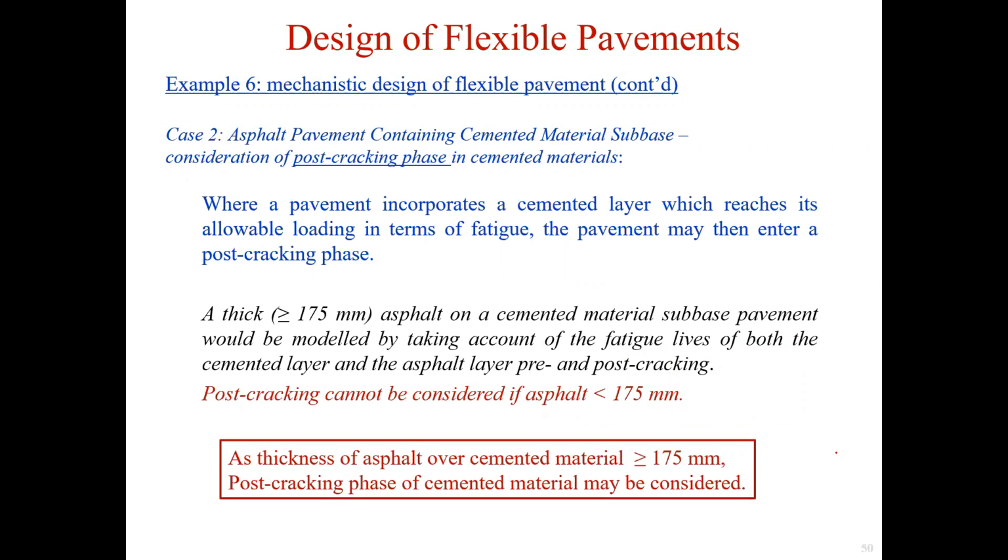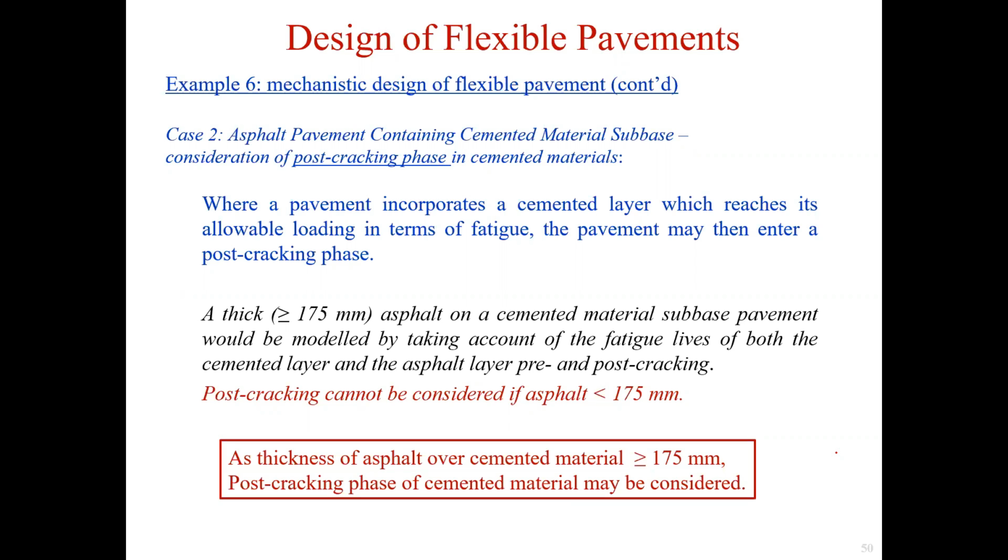If a pavement contains a cemented layer which reaches its allowable loading in terms of fatigue, the pavement may then enter a post-cracking phase. Depending on the pavement configuration, there's useful life after the cemented material has fatigue cracked. And so in our mechanistic calculations, we allow for that post-cracking life of the materials.